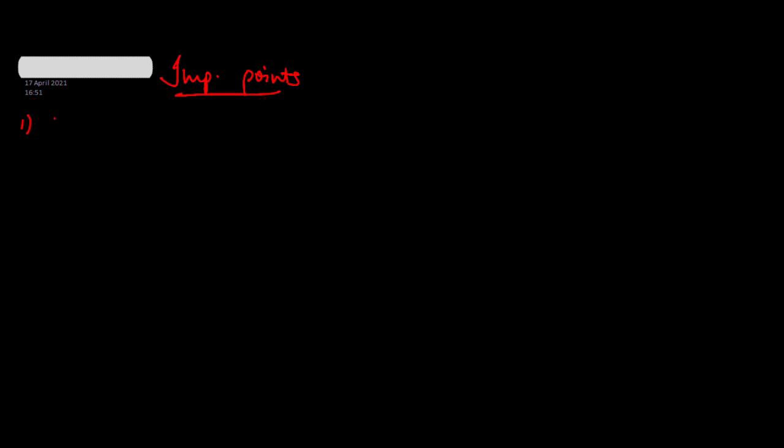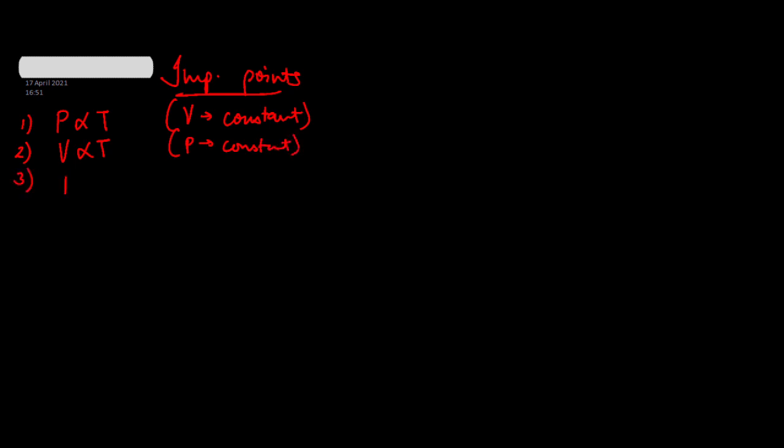Number 1, pressure is proportional to temperature for a gas. Remember all this is for an ideal gas if volume is constant. Basically the three laws. Then volume is proportional to temperature if pressure is constant. Number 3, pressure is inversely proportional to volume if temperature is constant.